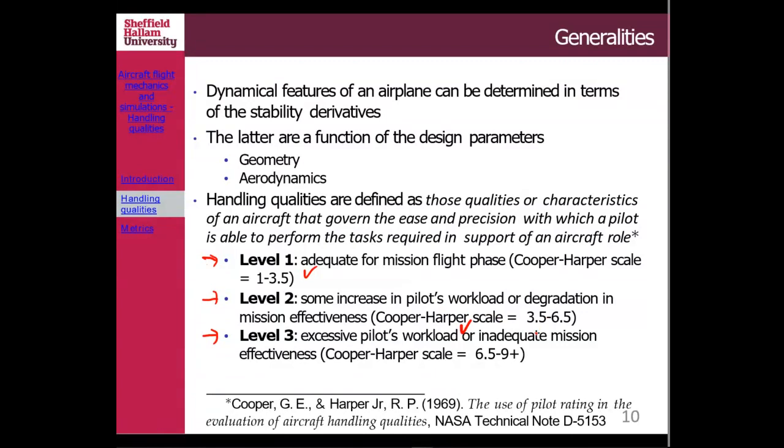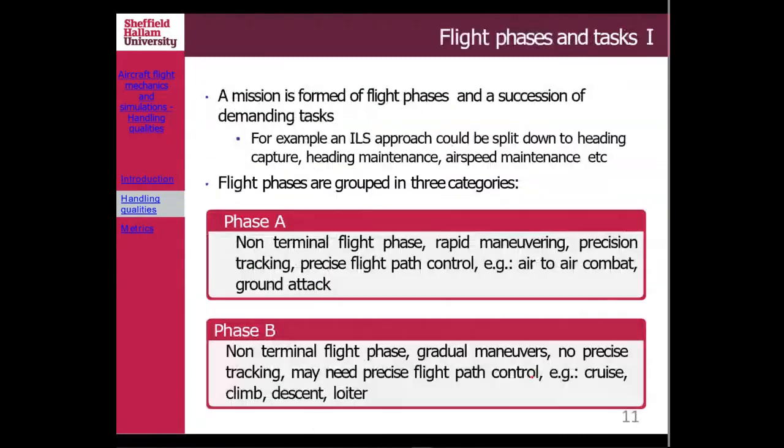A Cooper Harper scale from 3.5 to 6.5, you could consider as level 2. And then Cooper Harper scale from 6.5 to 10, you could consider as the worst, which is level 3. You will see that in the Cooper Harper rating scale, which you are advised to use when you assess your flight sim assignment later on.